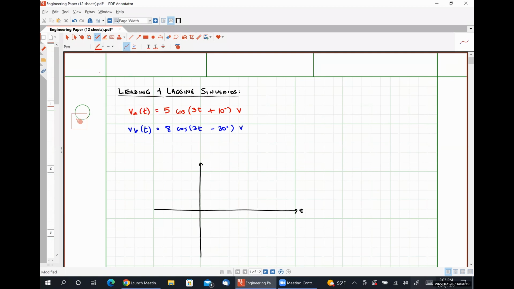For VA, we have an amplitude of 5 and a phase angle of positive 10, which means we have a cosine that's shifted slightly to the left. So here's my slight shift to the left. So that's going to be the peak value. And then something like this.